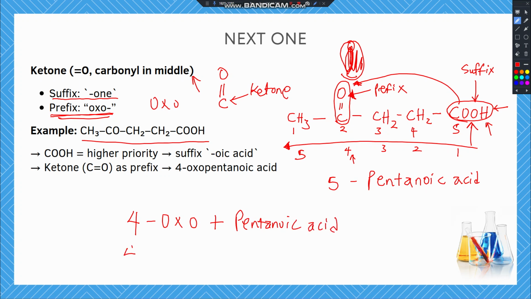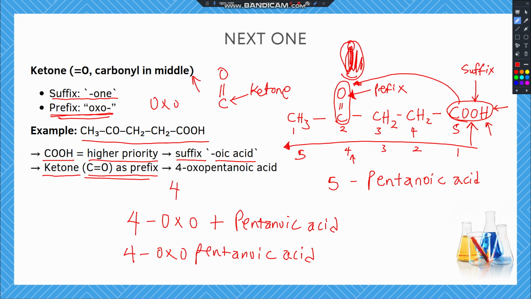So altogether we have the complete name 4-oxopentanoic acid. Remember, this functional group has a higher priority, so it takes the suffix oic acid, and then this ketone over here has a lesser priority, so it becomes the prefix.